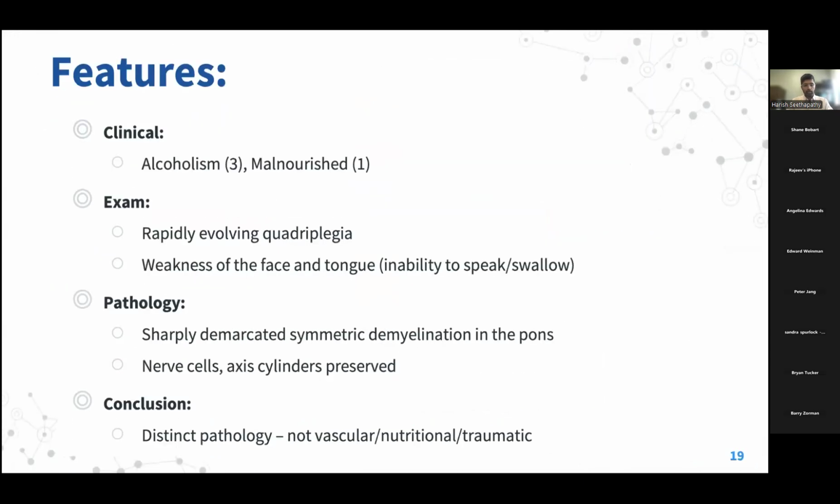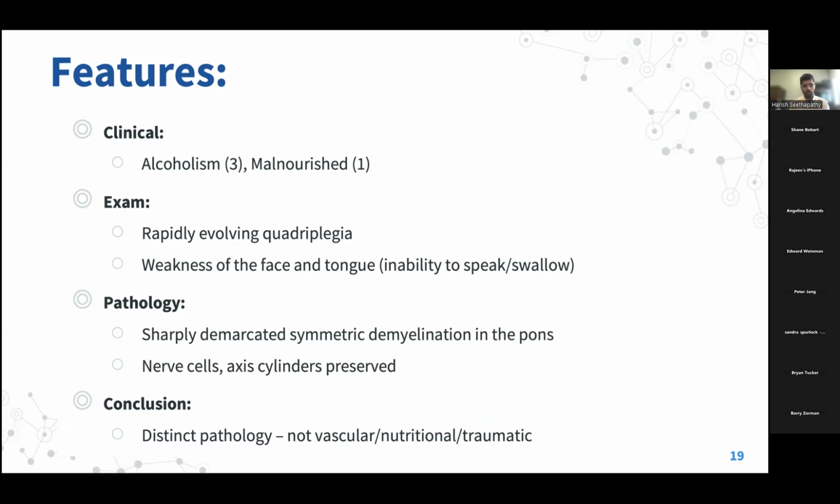So what did they actually find or describe? They described 4 patients. 3 of them had severe alcoholism in their history, and 1 was severely malnourished. They described a neurological syndrome of rapidly evolving quadriplegia, along with weakness of the face and the tongue, which we term as pseudobulbar palsy.